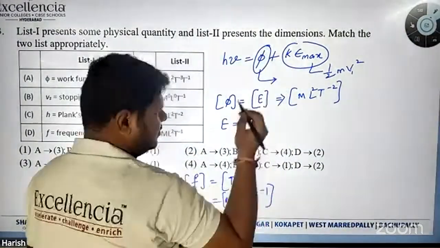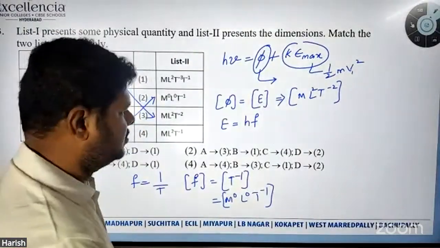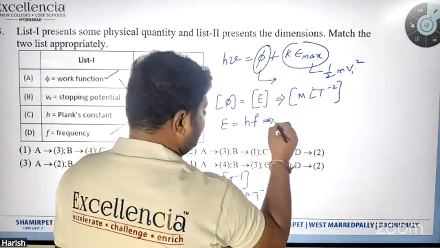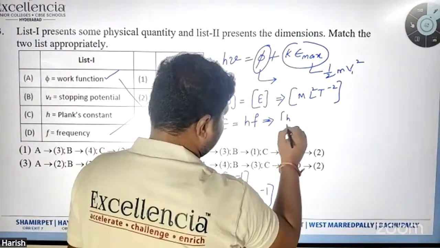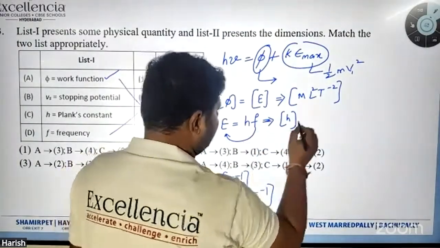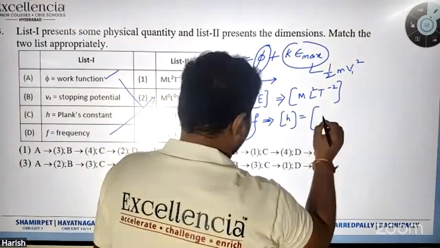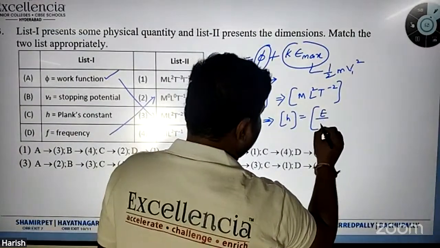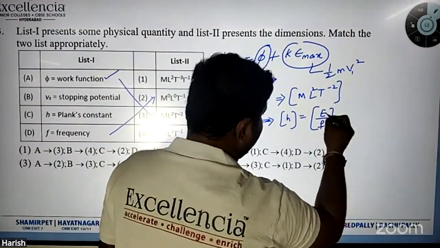So the dimension formula of h, bringing f to this side, will be equal to the dimension formula of E by f. E is nothing but energy.